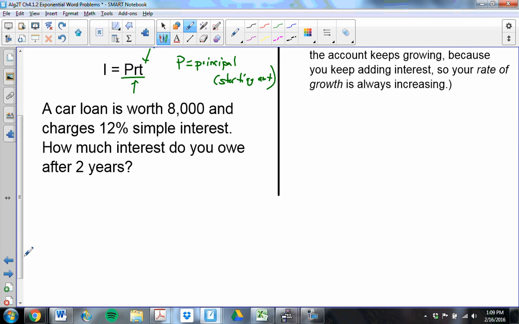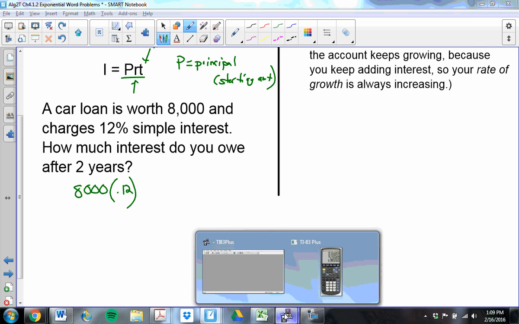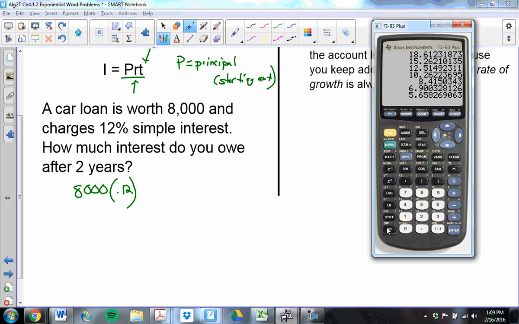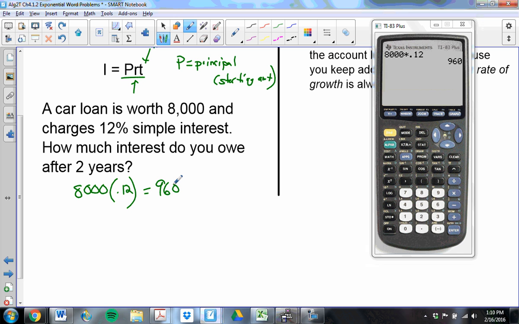So like a car loan often does simple interest, where they say we loan you $8,000, we'll charge you 12% interest. So that 12% interest is $960. Well, suppose that lasted for 2 years, you would do it twice, and you'd get $1,920.